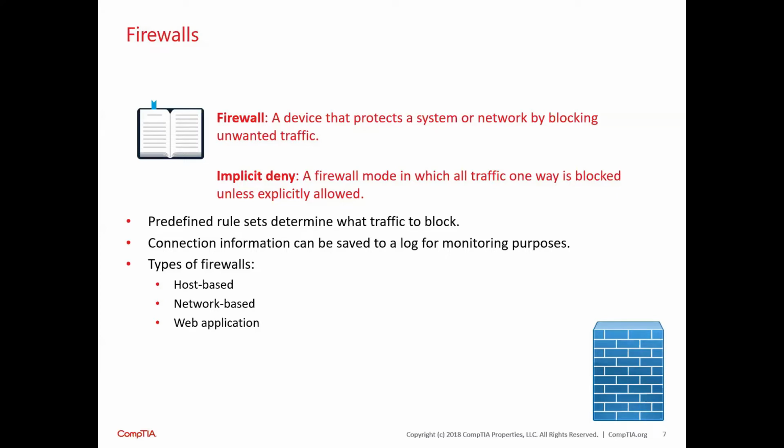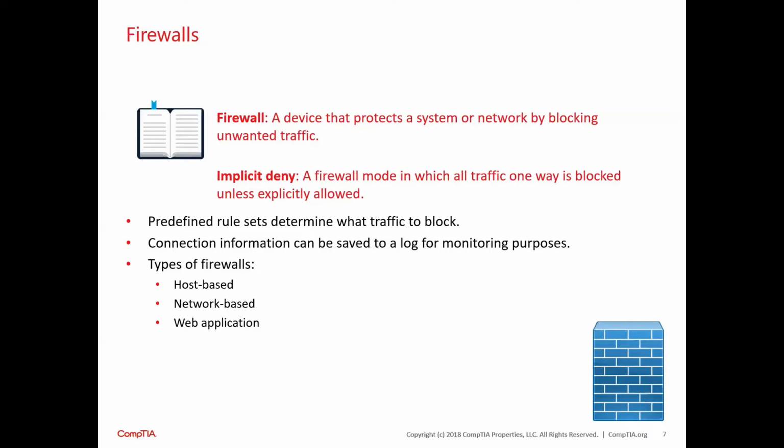And there are different types of firewall. We have the host-based firewall, for example, Windows. Actually, since Windows XP, we have had the Windows Firewall. Then there is the network-based firewall.